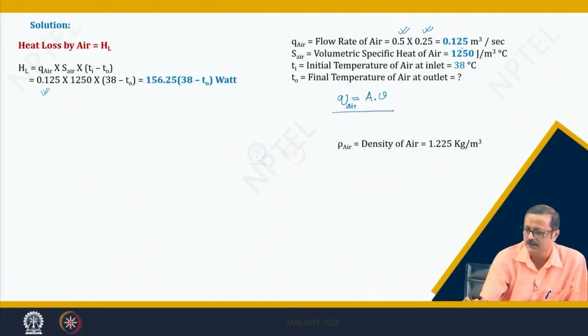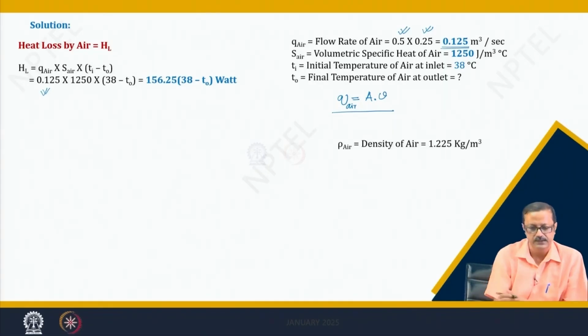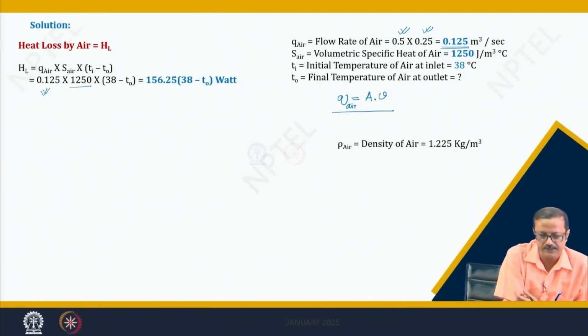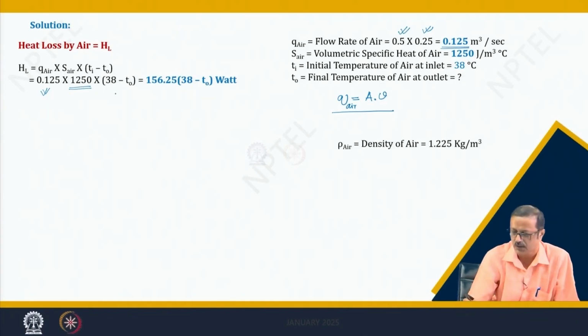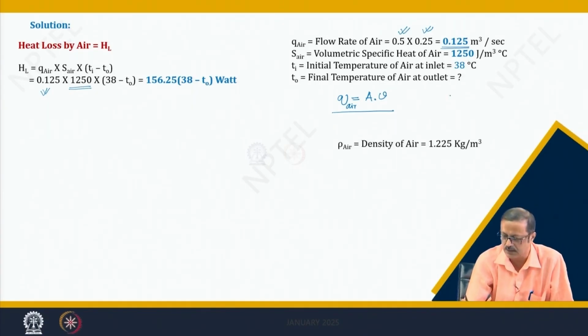That gives me 0.125 meter cube per second. That is multiplied by the SV, the volumetric specific heat, 1250 joule per meter cube degree C. Let me do the unit balance: this is meter cube per second, multiplied with joule per meter cube degree C, and this delta T is in degree C.